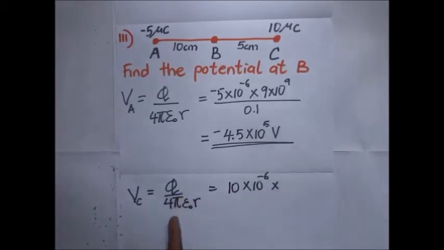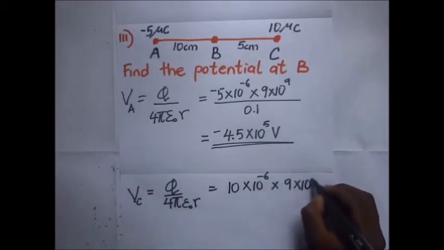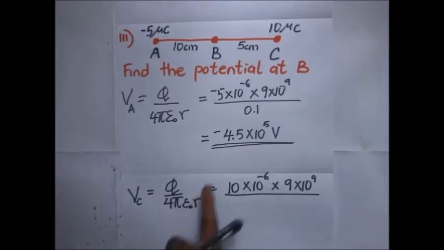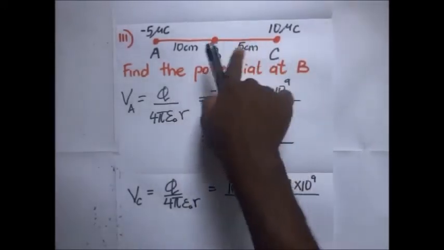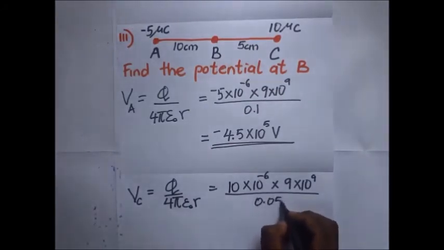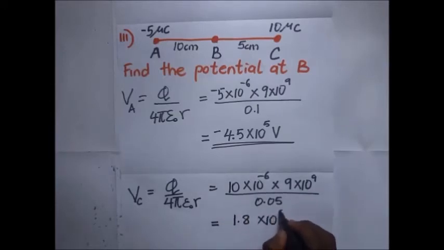Multiply that by the constant, which is 1 over 4 pi epsilon naught, which is equivalent to 9 times 10 to the power 9. Divide all that by the separation. The separation here is 5 centimeters. Converting that to meters is going to give us 0.05 meters. And the answer we shall get here will be 1.8 times 10 to the power 6 volts.